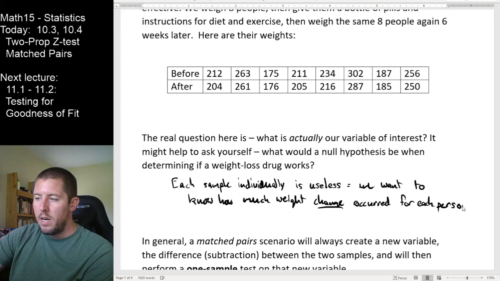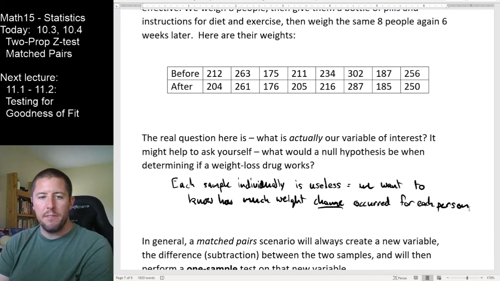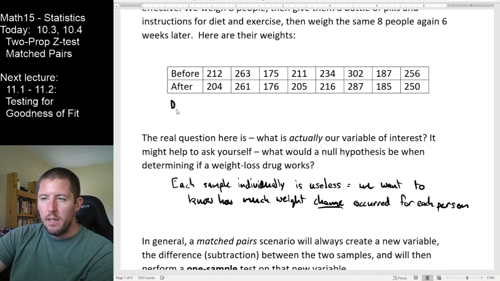What we are not interested in is anybody's before weight. We are not really interested in anybody's after weight because these are dependent on one another. What we are really interested in is what is their difference in weight, right?